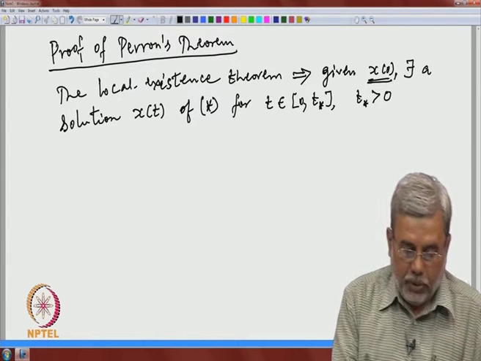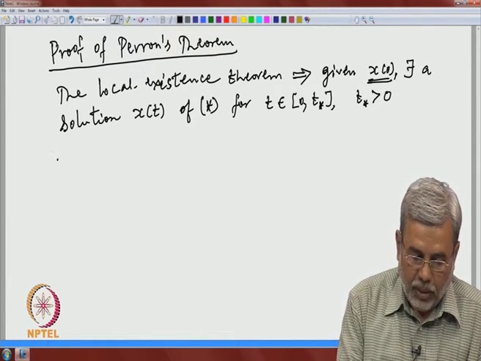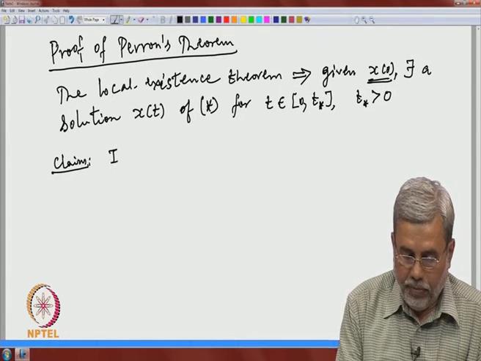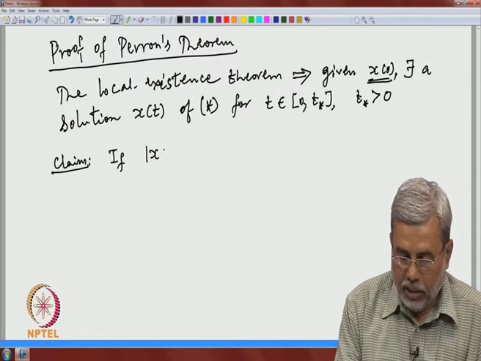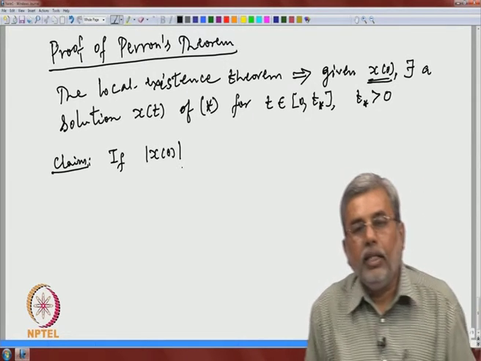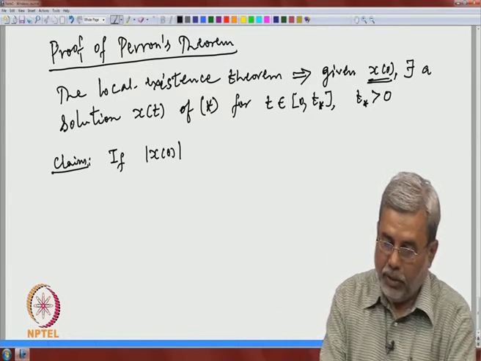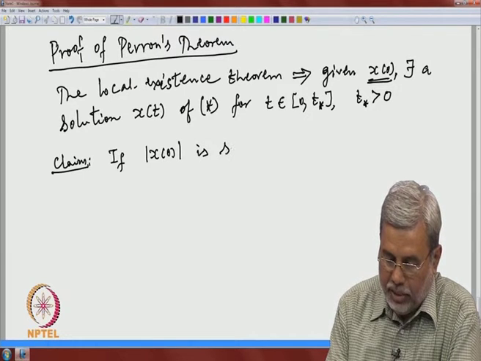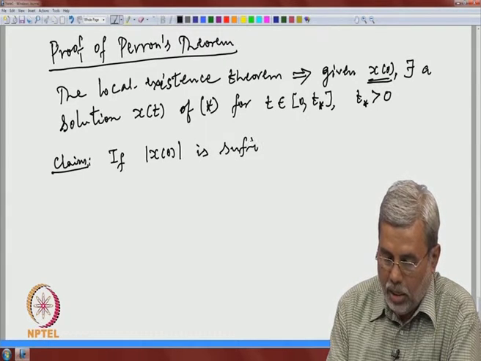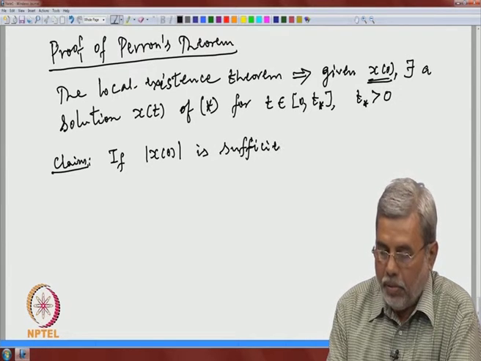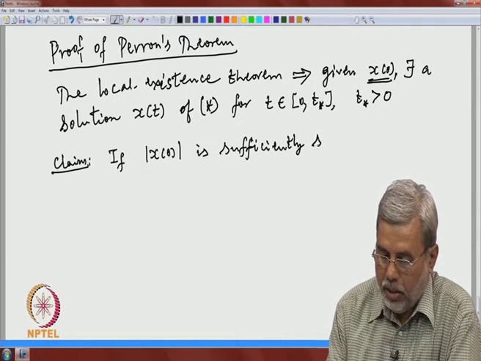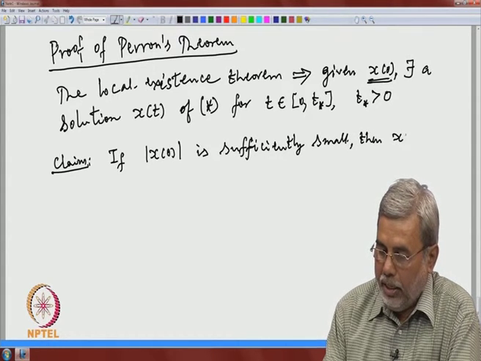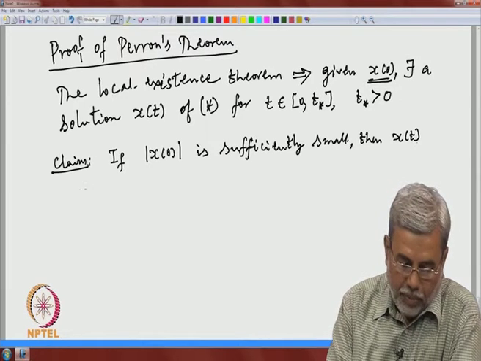So, there are two steps. Claim 1: if x 0 is small, remember this is the standard Euclidean norm, so x 0 is a vector in R n, if this is sufficiently small, then x(t) can be continued.